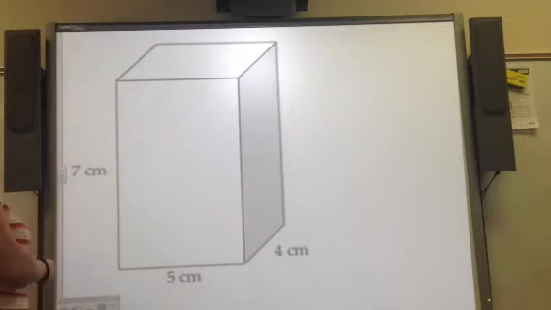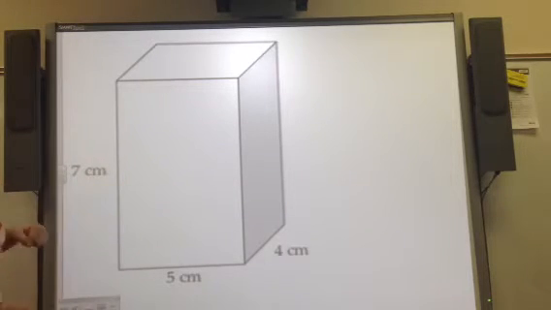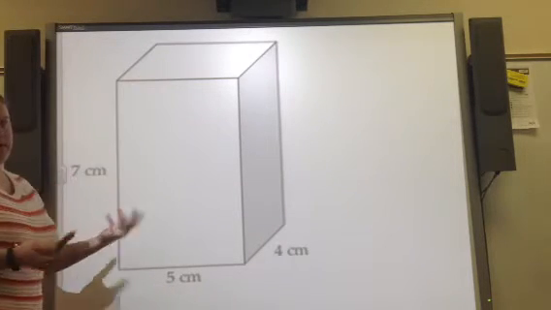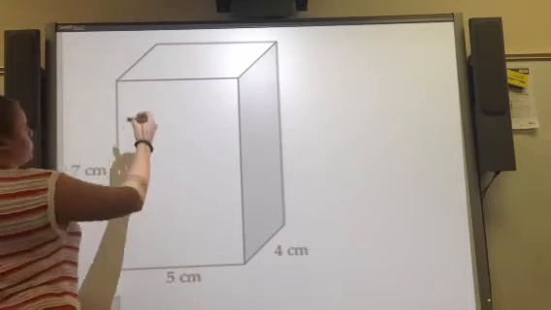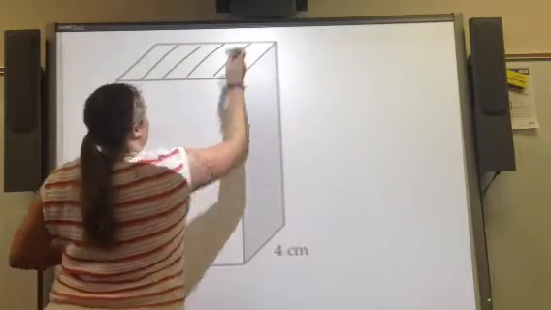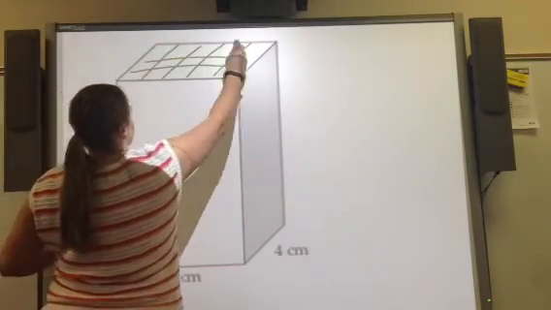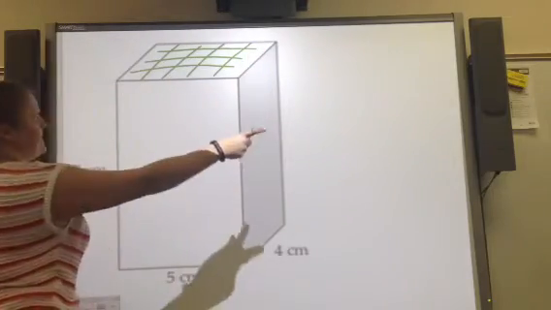Our next example doesn't have the physical cubes, but it's 7 by 5 by 4. If I were to draw the cubes in for a visualization, we can see that it's 5 long by 4 deep.